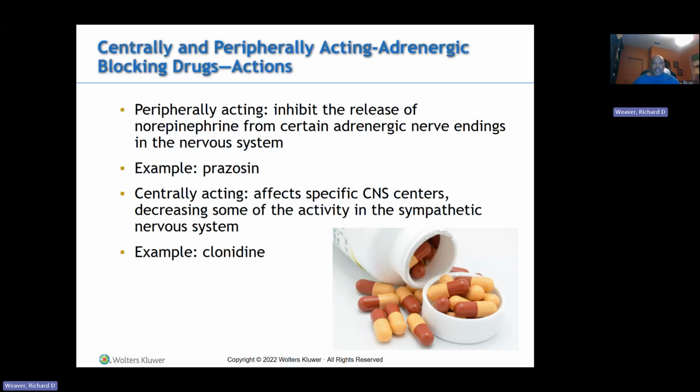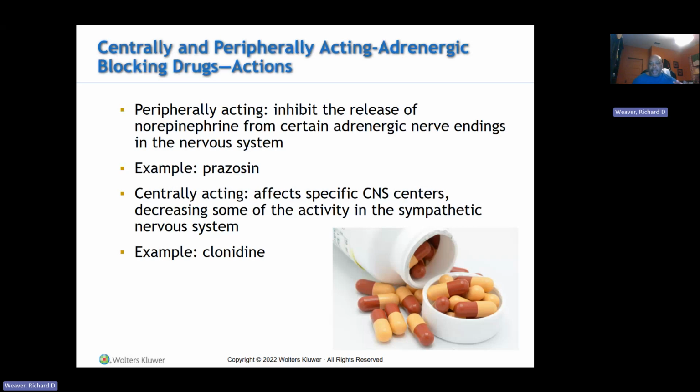Now, one group of anti-adrenergic or sympatholytic, whichever one you want to use, drugs inhibits the release of the norepi, that catecholamine, from certain adrenergic nerve endings in the peripheral nervous system.